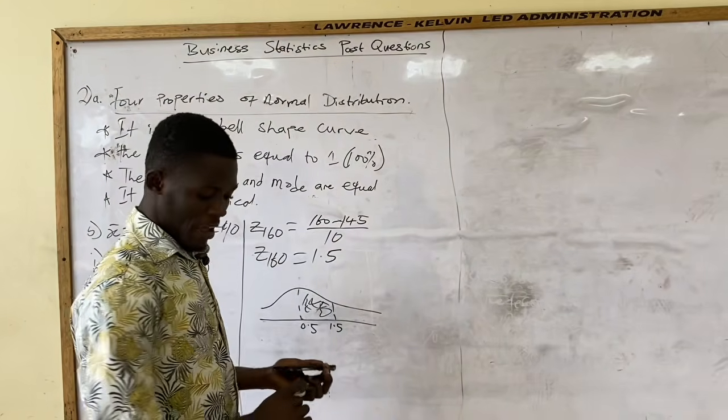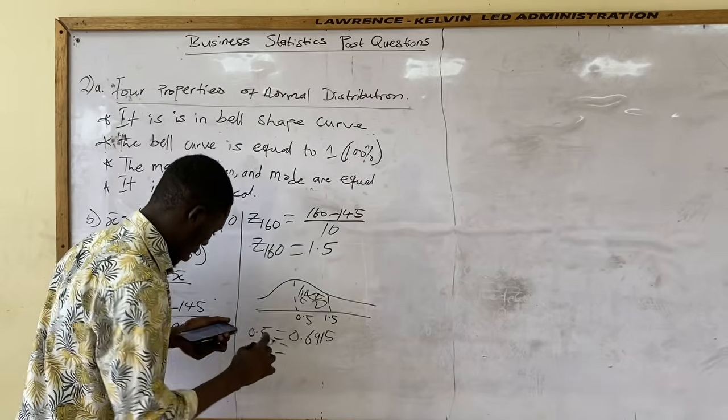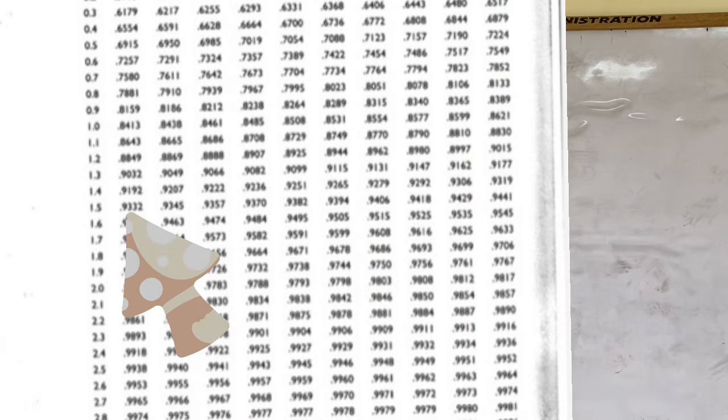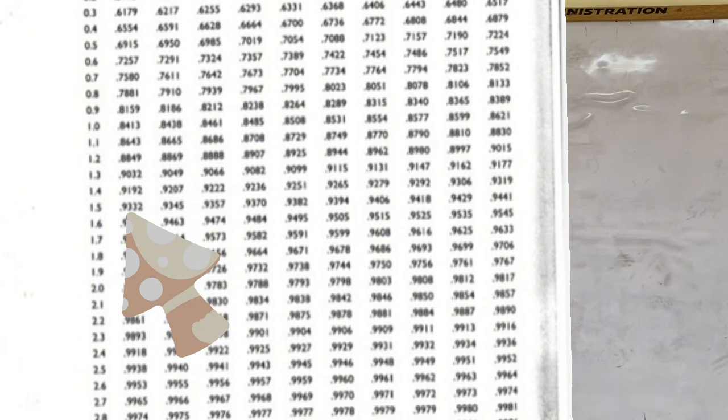So 0.5, we will get 0.6915. Okay, then 1.5, we have 0.9332.